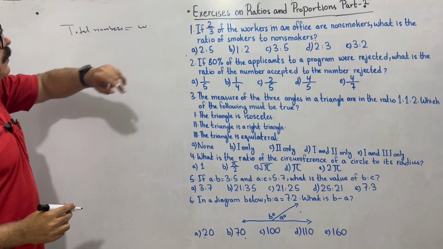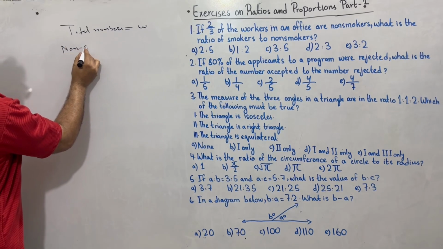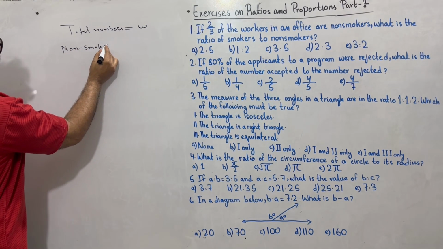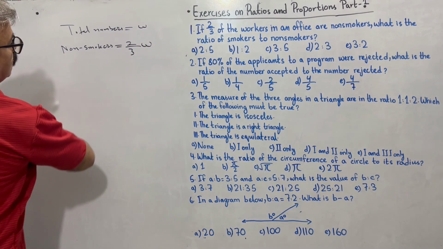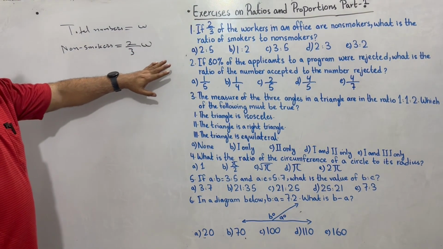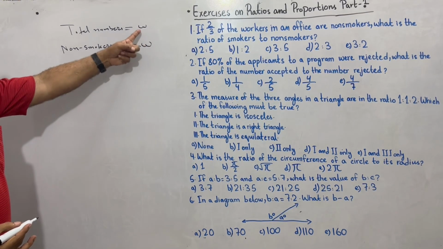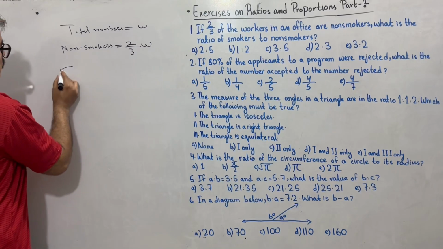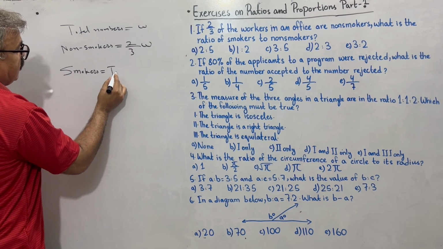From this W, 2 over 3 are non-smokers. To find smokers, just subtract the non-smokers from the total.